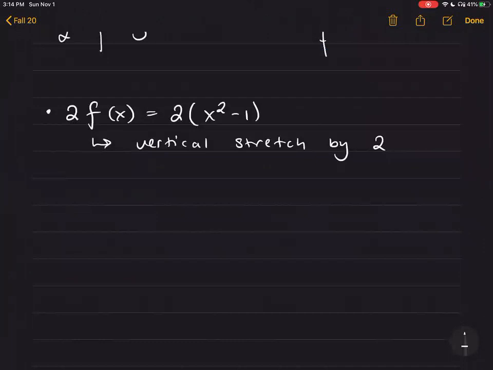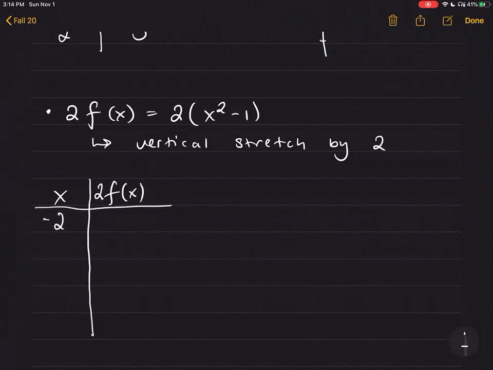So let's do our table of values here. We're going to do 2 times f of x. And so this will be -2, -1, 0, 1, 2. If we evaluate, at -2 we're going to have 2 times -2 squared minus 1, and that's going to come out to 6.